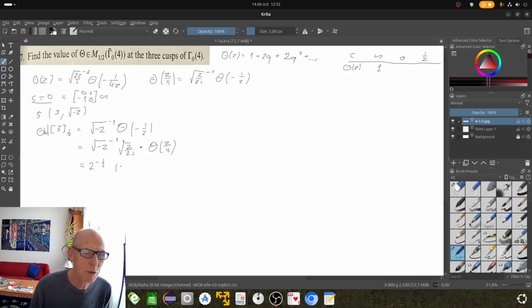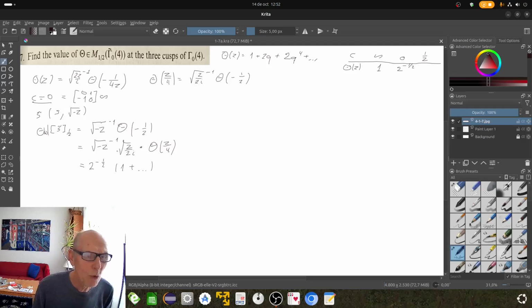And then times 1 plus, etc. So the value is 2 to minus 1/2, 1 divided by square root 2. And that agrees with the fact that theta to the 4th has the value of minus 2 to minus.